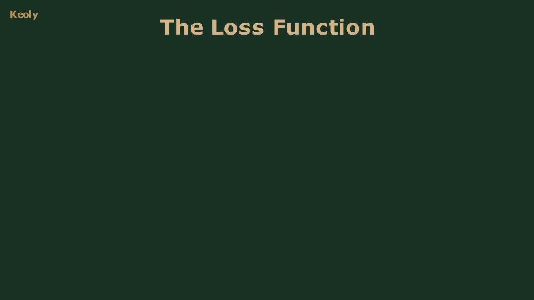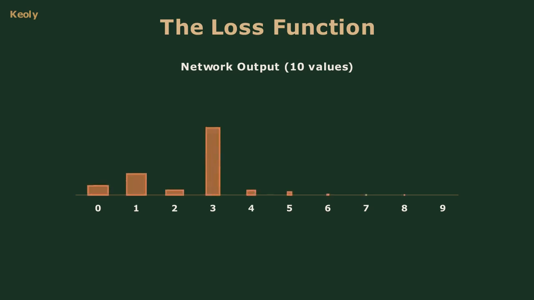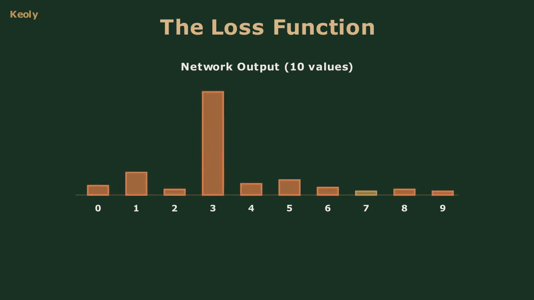Here's how it works. The network outputs 10 numbers, one per digit. Let's say it outputs 0.05 for 0, 0.12 for 1, 0.3 for 2, and so on. Small random values. Our target is a 7, so the correct output should be 1 for 7, 0 for everything else.